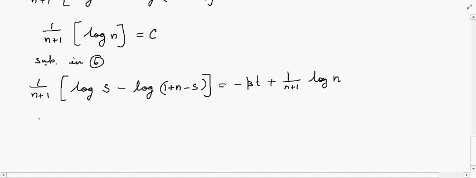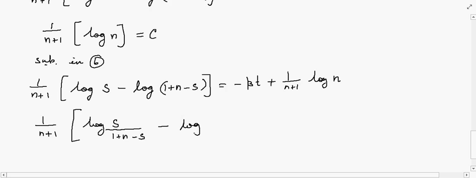So 1 by n plus 1 into log of s divided by 1 plus n minus s, minus log n equal to minus beta t.